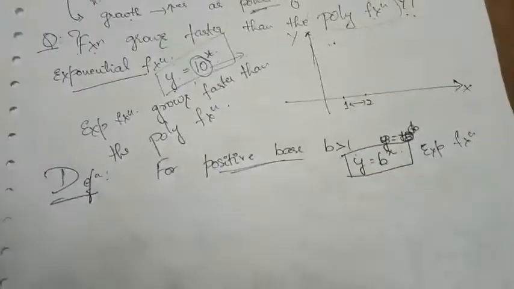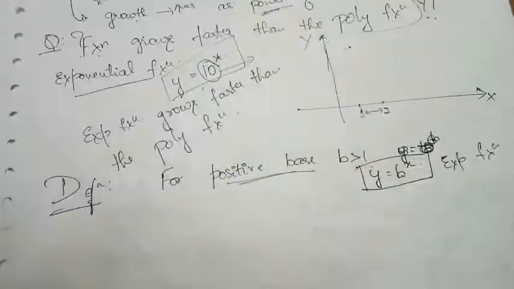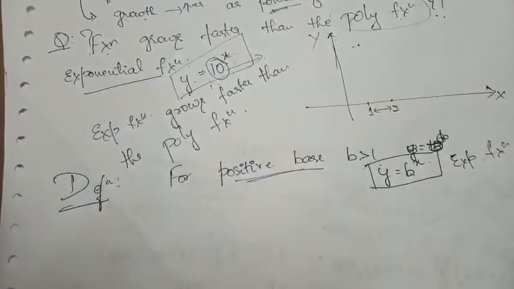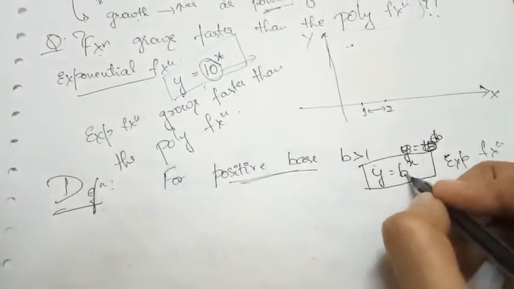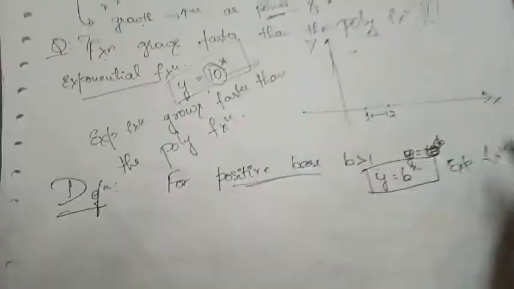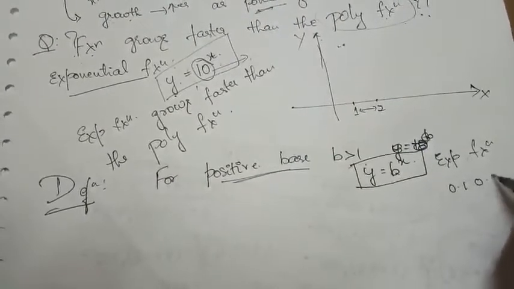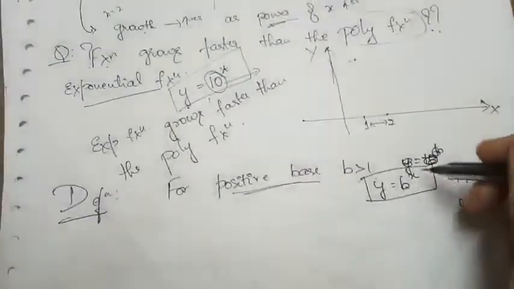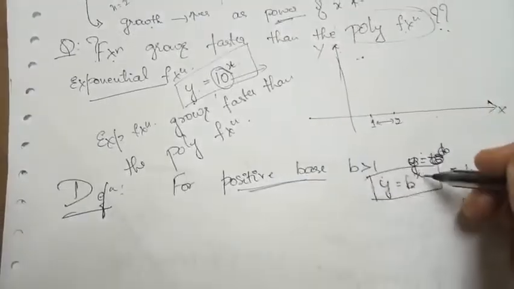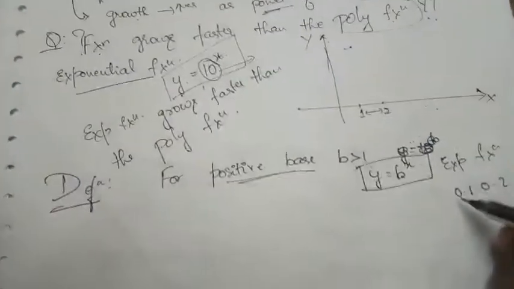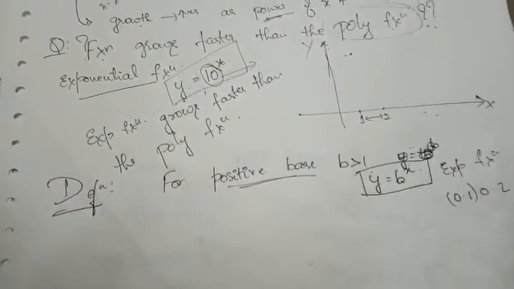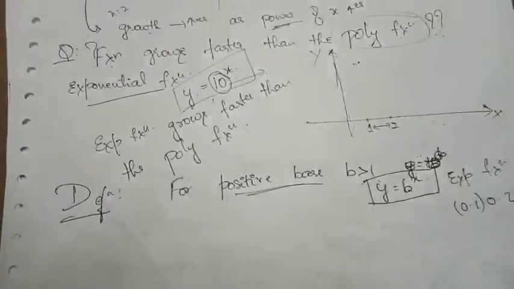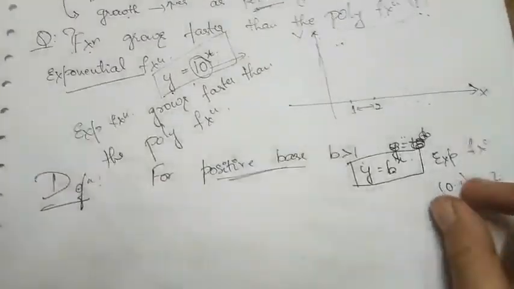It could be any positive number, which should be strictly greater than 1. Suppose you consider a number which is less than 1, like 0.1 or 0.2. What happens? If you go on increasing the power of a number which is less than 1, then the graph of that function decreases, it does not go on increasing; the values are going to be smaller.